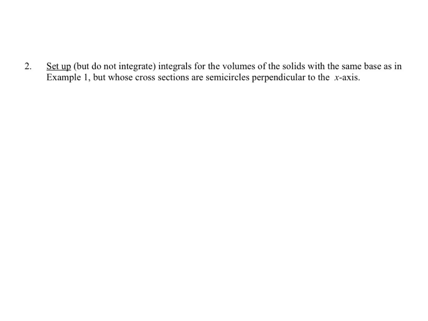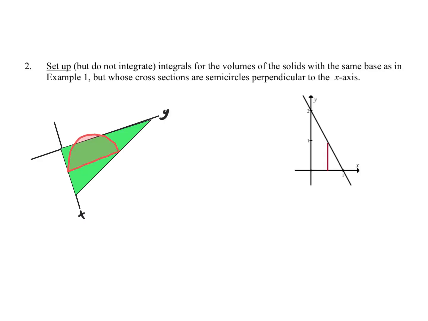So again, I went ahead and drew a little drawing. I just put one semicircle in there for now, but there's going to be a bunch of them. There's going to be one starting at the back, and it's going to work its way forward. The trick here is, since we're finding the area of a semicircle, we only need the radius.